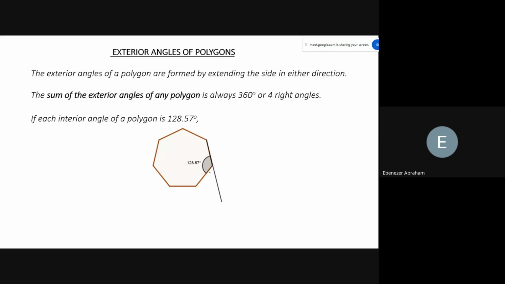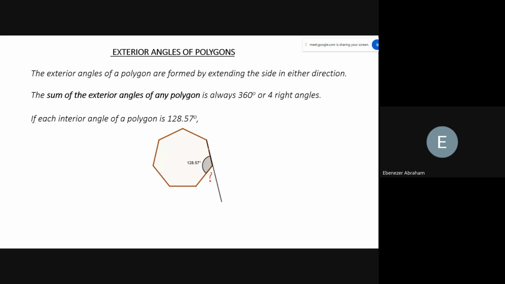We are looking for this part of the angle. If each interior angle of a regular polygon is 128.75 degrees, then what is the value of the exterior angle?